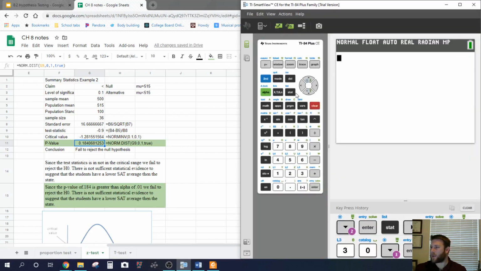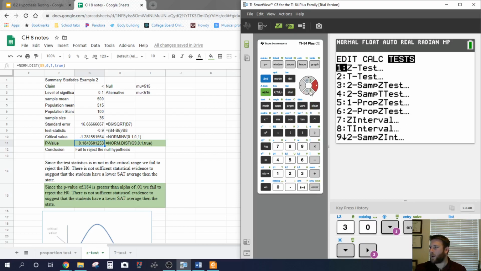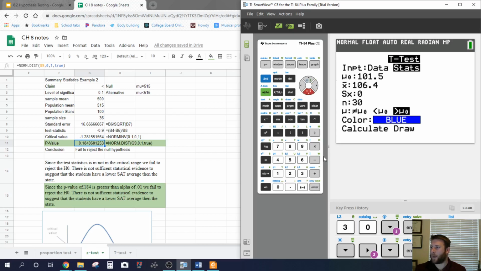So when I run this test real quick, we're going to go to our z-test because our sample size is over 30 and we know our population standard deviation. So this is 515, sorry, I did that really wrong. 515. Sample mean is 500. Standard deviation is 100.